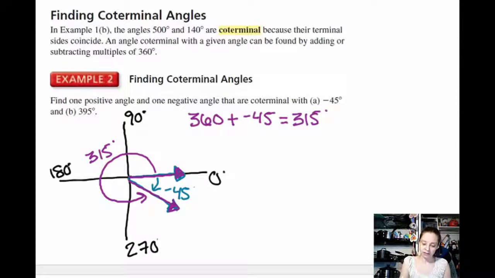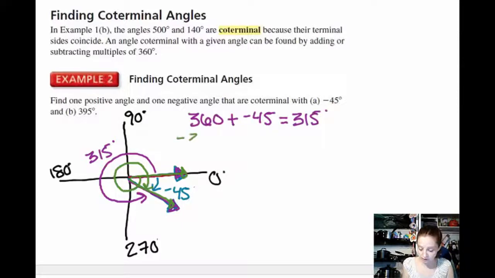And now I need to find a negative angle that is coterminal. So now I'll find one in green. For it to be negative, I'm going to have to go in the negative direction, and I'll have to do this more than once. I'll have to go negative 360 degrees plus negative 45.